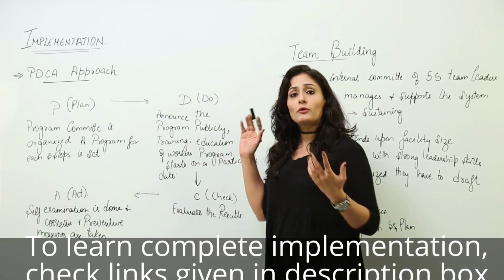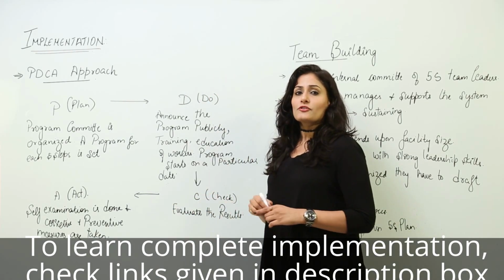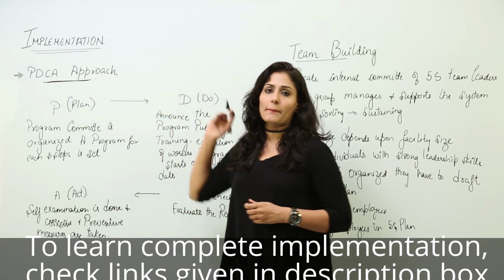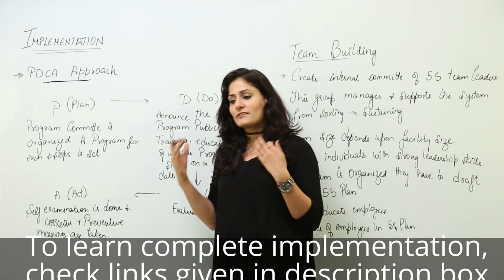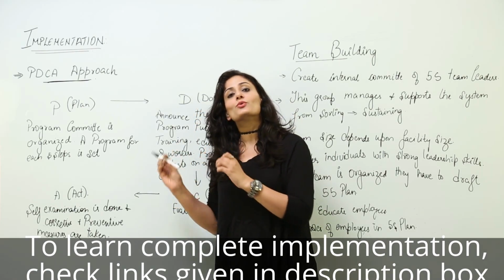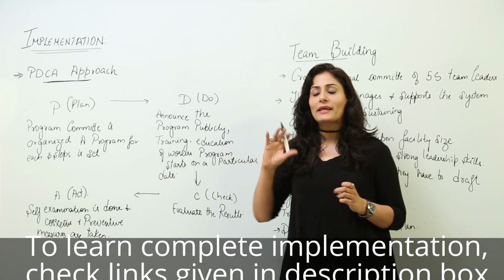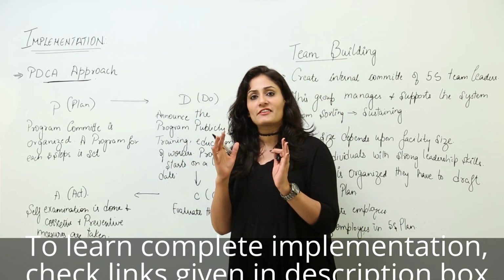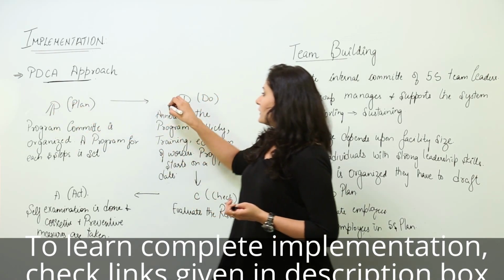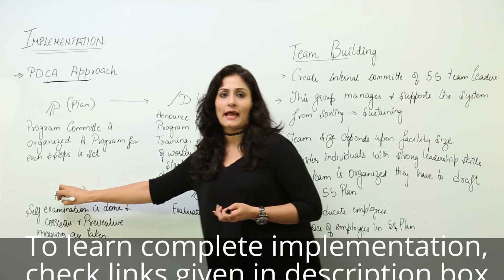So when we talk about the implementation part, the first thing is that the approach we use is the PDCA approach. This is a continuous improvement technique, and 5S is implemented using this PDCA approach. So we can divide the 5S implementation into 4 parts: plan, do, check and act.